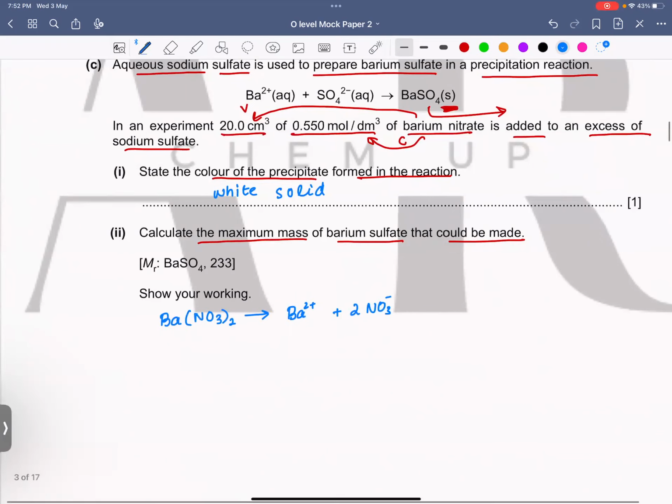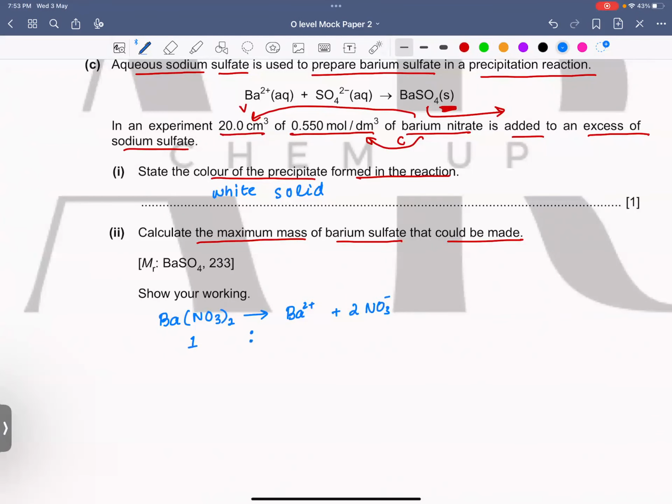So the ratio of the moles of barium ions and barium nitrate would be the same. Sir, barium sulfate? No. First, we are provided with the concentration and volume of barium nitrate. So first we have to find the moles of barium nitrate or the barium ions. Then we would go for barium sulfate, whose mass we have to find.